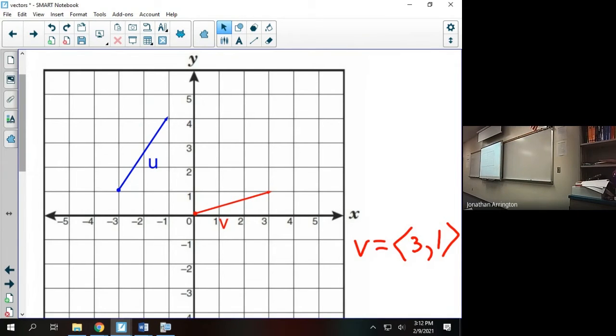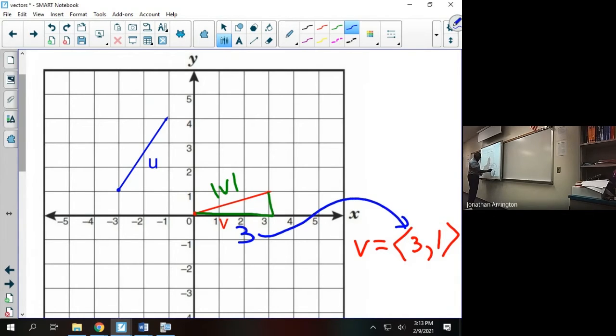Pythagorean Theorem, correct? So if you look, you can form a triangle where the magnitude of the vector, the length of the vector, is the hypotenuse. And in this triangle, you have two sides. This side is 3, which happens to be the first component of the vector. And this side is 1, which happens to be the second component of the vector.